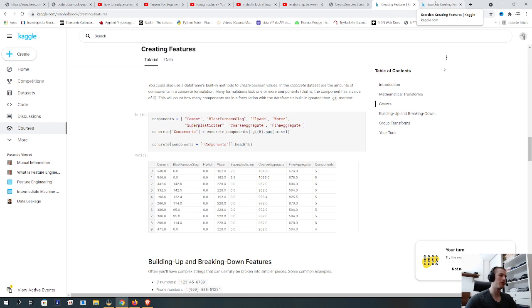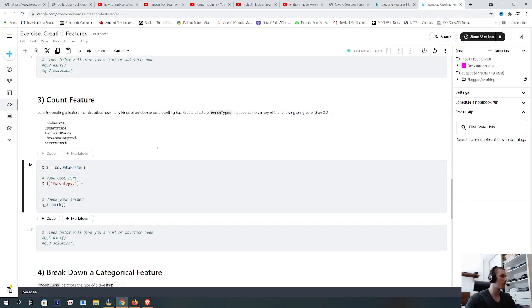So data frame and the components greater than sum. Count how many of the following. Not sure if I have to use count or not.